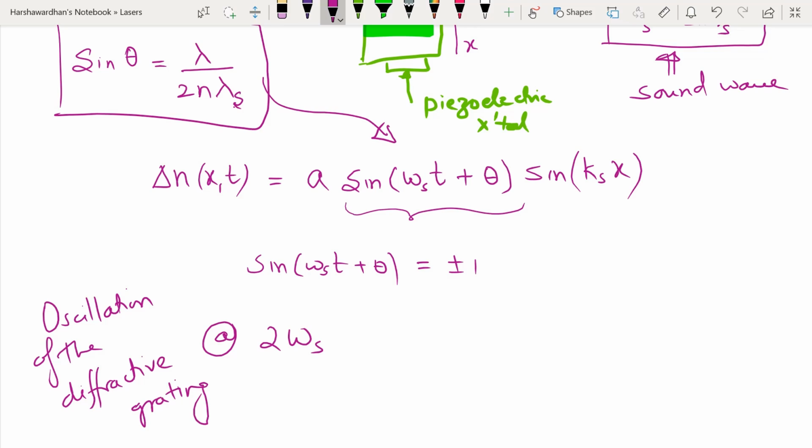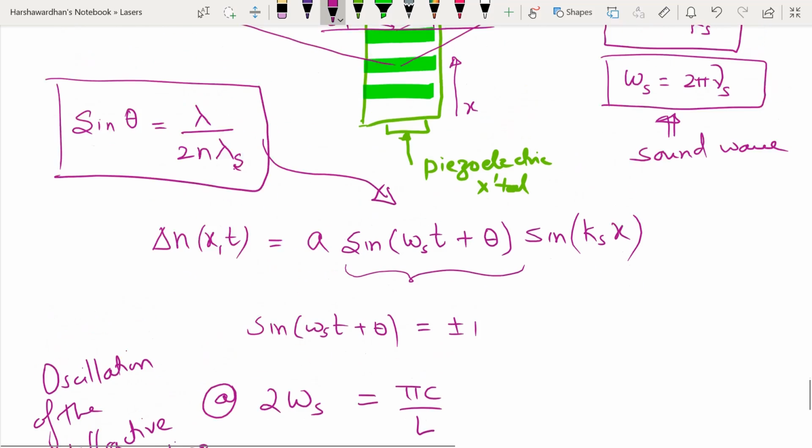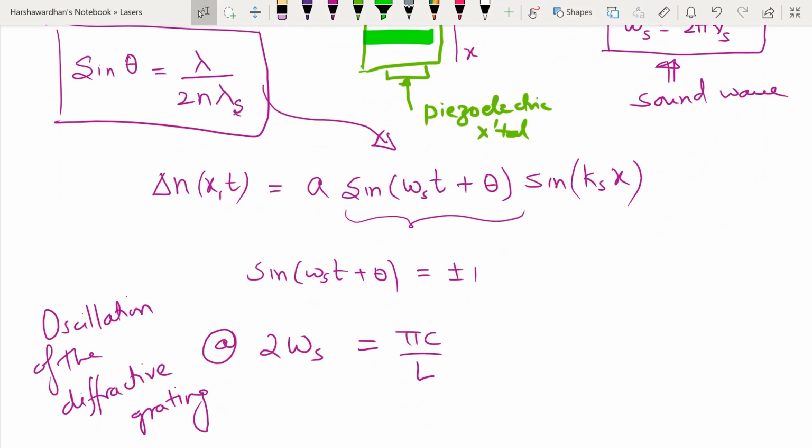So when the grating itself is oscillating at twice omega s, clearly you see that if I now make twice omega s equal to pi c by L, remember that was the frequency spacing between the bare modes of the cavity, this condition will actually lead to modulation of this diffraction or loss.